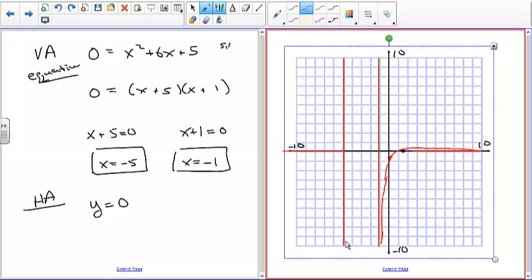But I'm going to just show you. Because we have a single root here, we know that we have to go all the way to positive infinity. And because there's no x-intercept, we know that this thing is going to come down to some point and then has to go back up again. Because if it went down and through, you'd have an x-intercept. If it came down through and came back up, you'd have two x-intercepts.